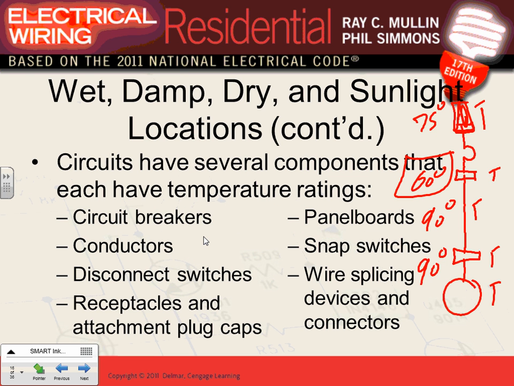Also, if I put a conduit here, say a PVC conduit, and this conduit is rated for 90 degrees also, now I can't exceed the temperature rating of this conduit. You don't get into a whole lot of trouble if you're doing low voltage.